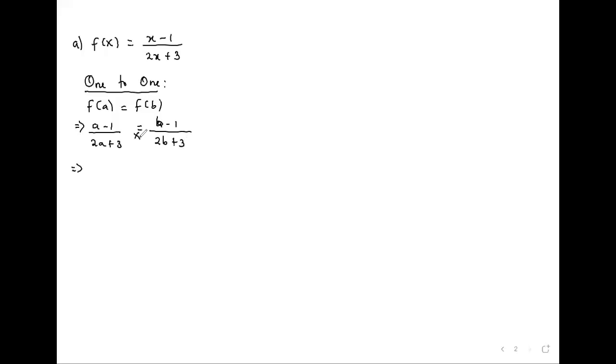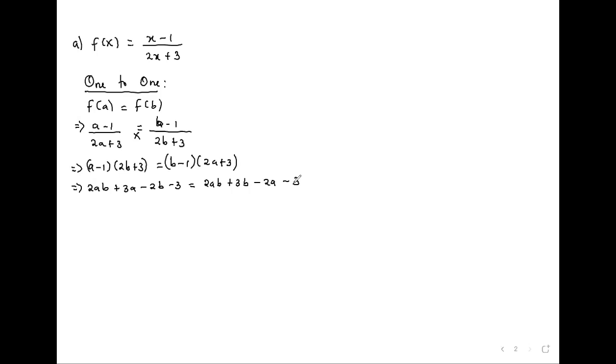So we cross multiply. We have A minus 1 times 2B plus 3 is equal to B minus 1 times 2A plus 3. Then we expand. So we get 2AB plus 3A minus 2B minus 3 is equal to 2AB plus 3B minus 2A minus 3.